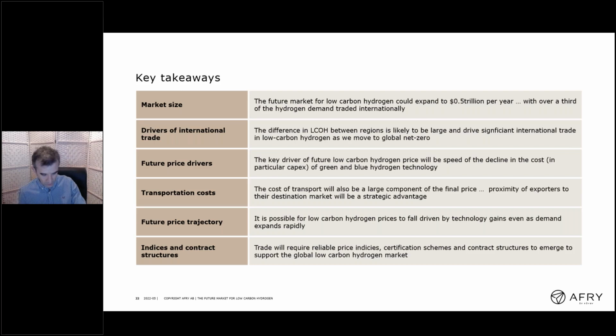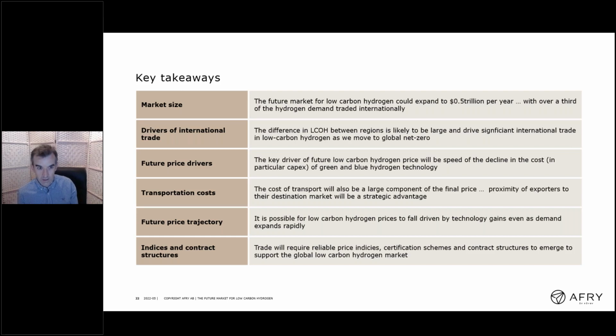Just linked to international trade, and I think this is something that is to the fore of the mind of people developing export projects today, is how are we going to structure those contracts, and how are the price indices going to evolve?